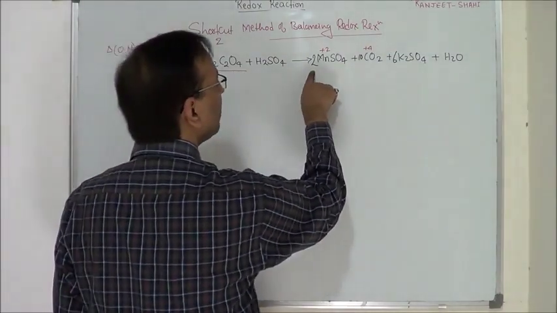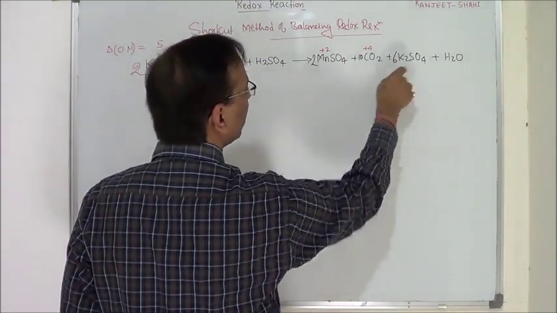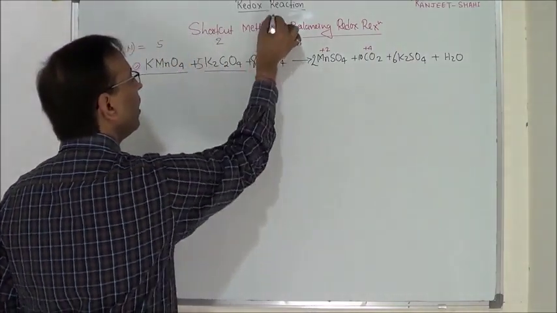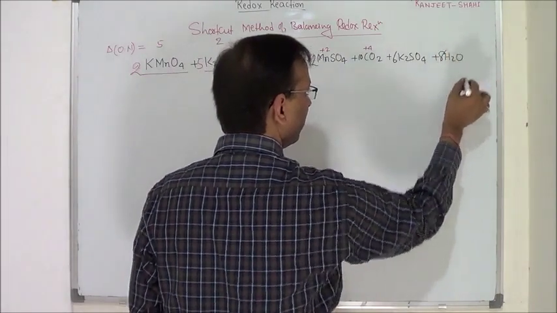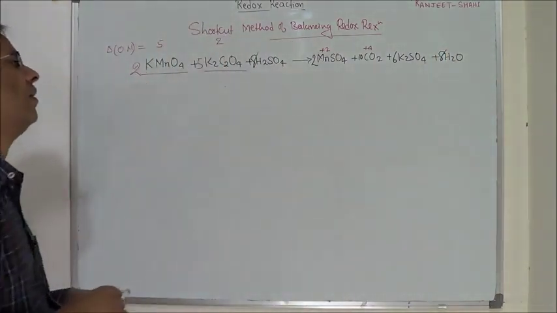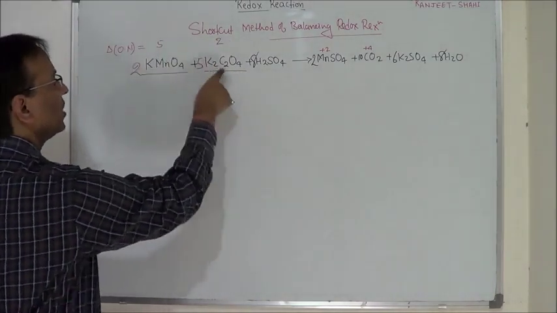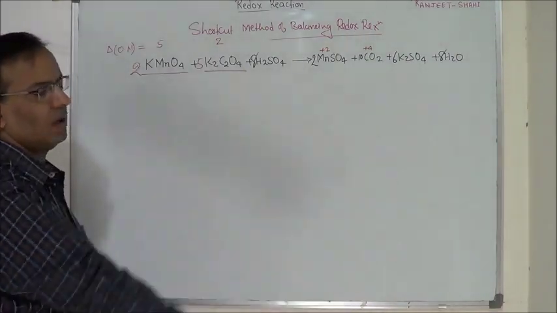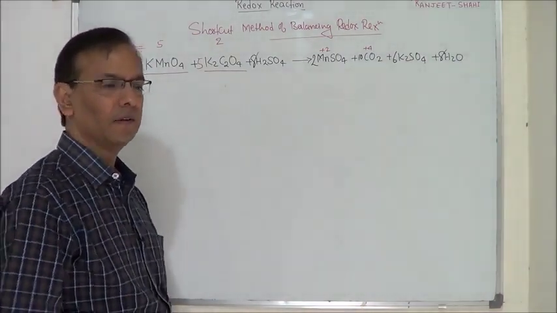On the right side, the coefficients of compounds containing sulfates are fixed, so 2 sulfate, 6 sulfate, 8 sulfate, 8 H2SO4. 8 H2 will be balanced by 8 H2O. It is a 100% balanced redox reaction. So cross multiplication by change in oxidation number gives the balanced redox reaction. It's magic, really magic.